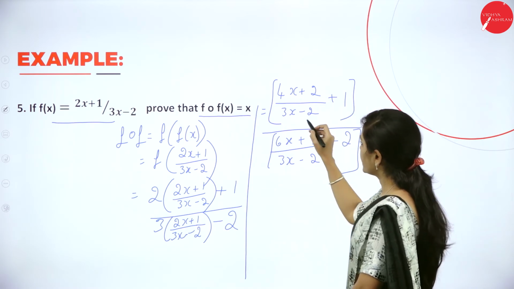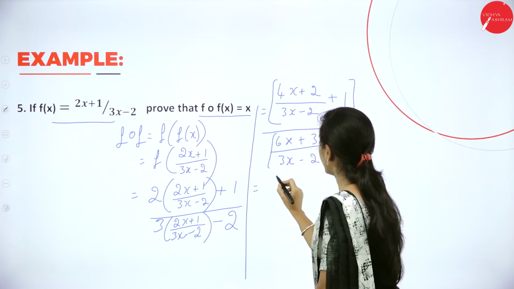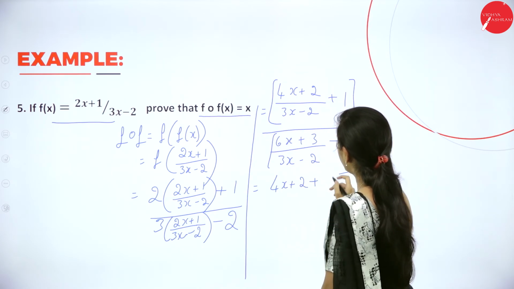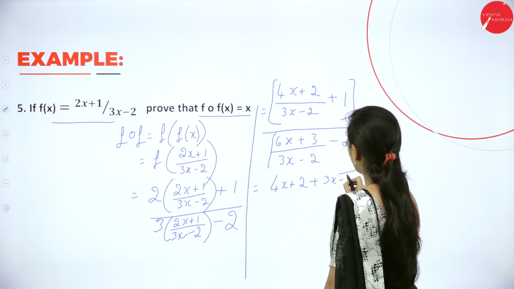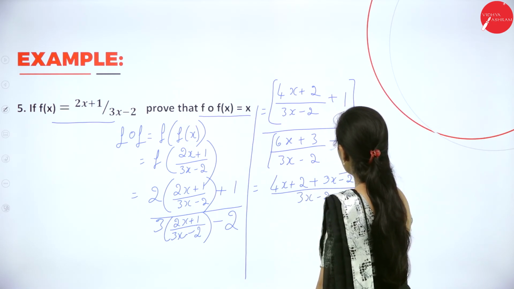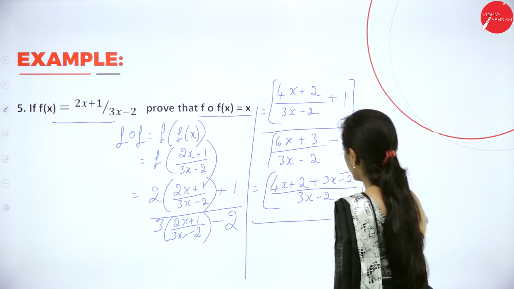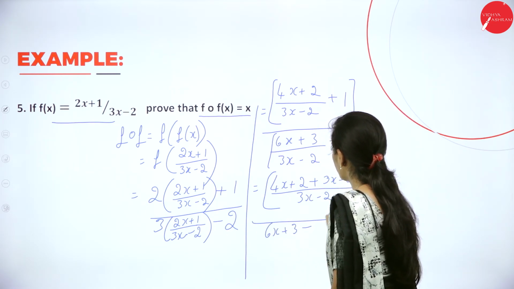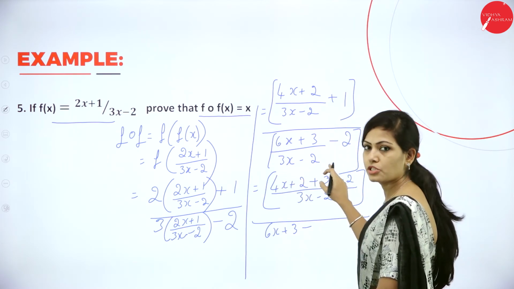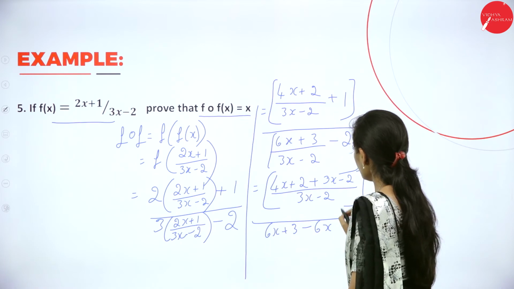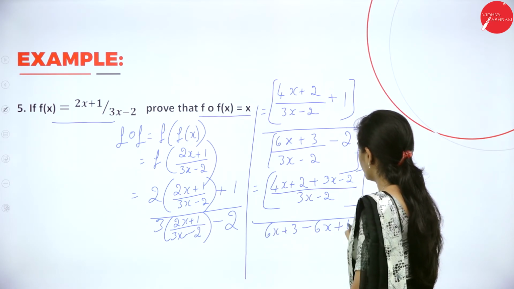Now take the LCM for numerator and denominator. In the numerator, 4x + 2 plus 1 into (3x − 2) is 3x − 2, and the LCM is 3x − 2. Again for the denominator, 6x + 3 minus 2 into (3x − 2), so 2 threes are 6x, minus into minus plus 4.